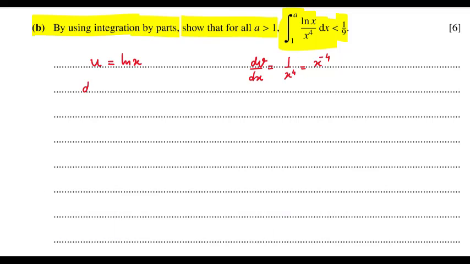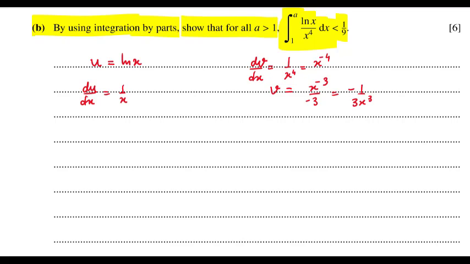And here we will calculate du over dx, which is 1 over x, and from here we will integrate to get the v value, and v means integration of this, it is x to the power minus 3 over minus 3, or minus 1 over 3x cube.